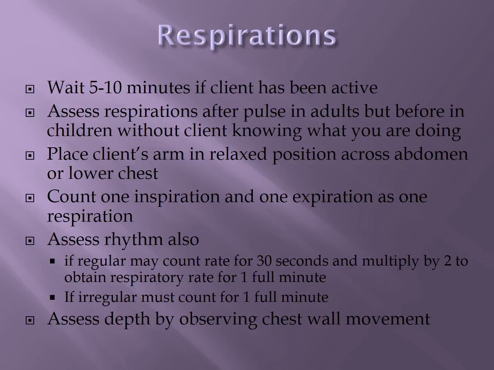You also need to be assessing what that rhythm is. If it is irregular, you must count the respiratory rate for 1 full minute. Otherwise, you can just count it for 30 seconds, multiply that number times 2, and that gives you the result of what their respiration is for 1 full minute.